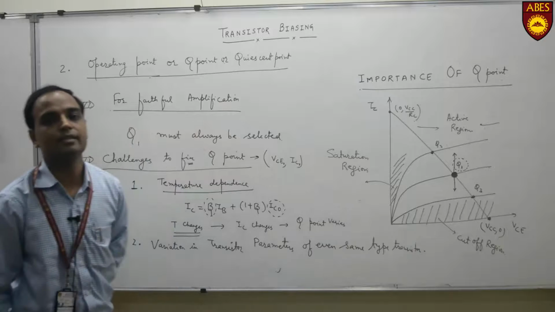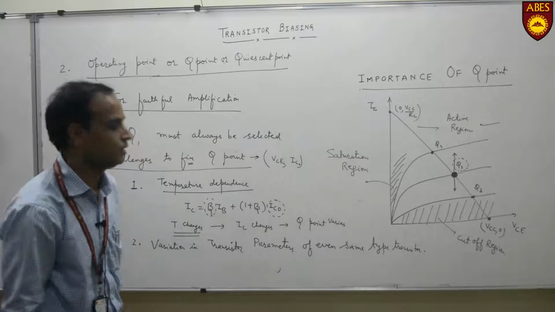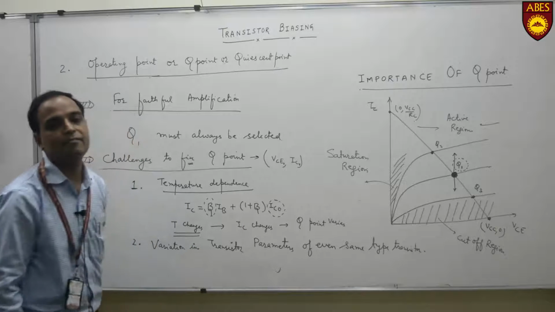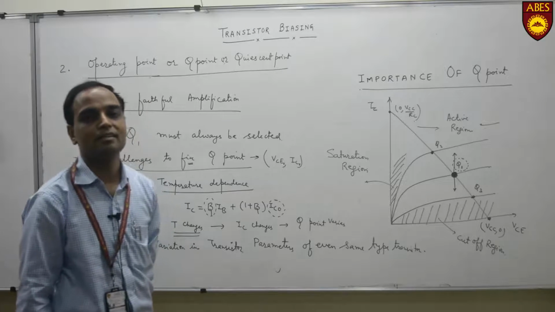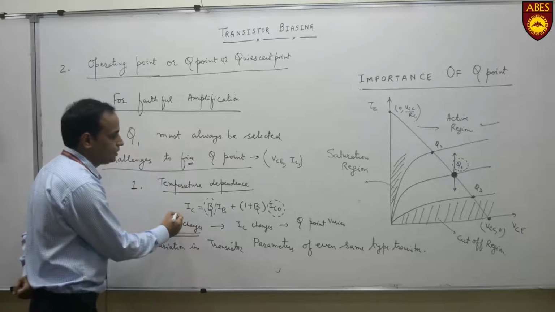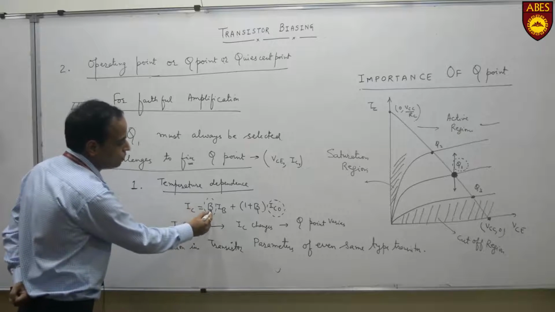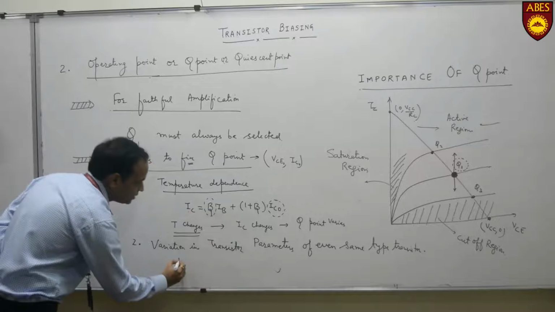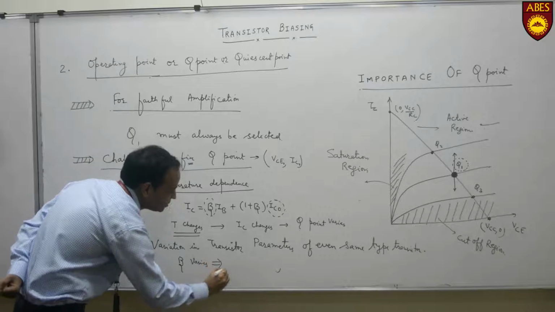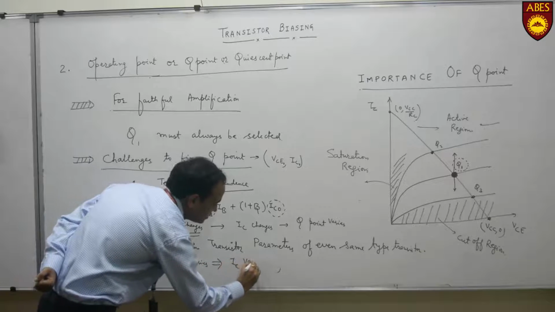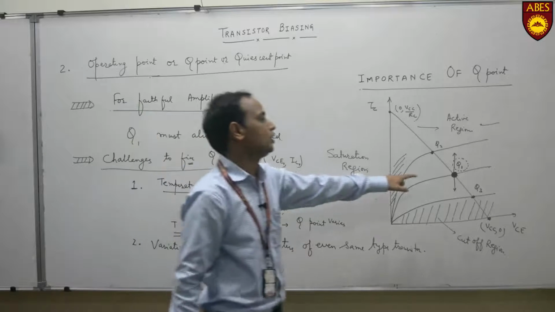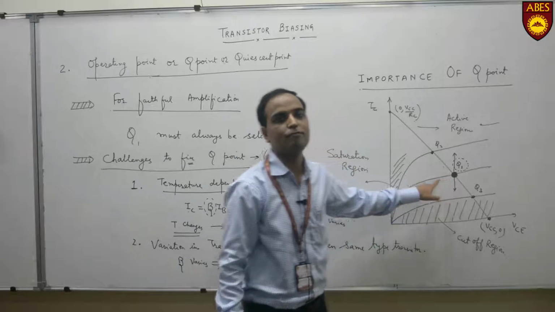Even after tremendous advancement in semiconductor technology, it has been found that beta may vary widely between transistors of the same type. Now if beta varies, then looking at this basic equation, IC also varies. And if IC varies, the operating point again gets dislocated. It won't be fixed.